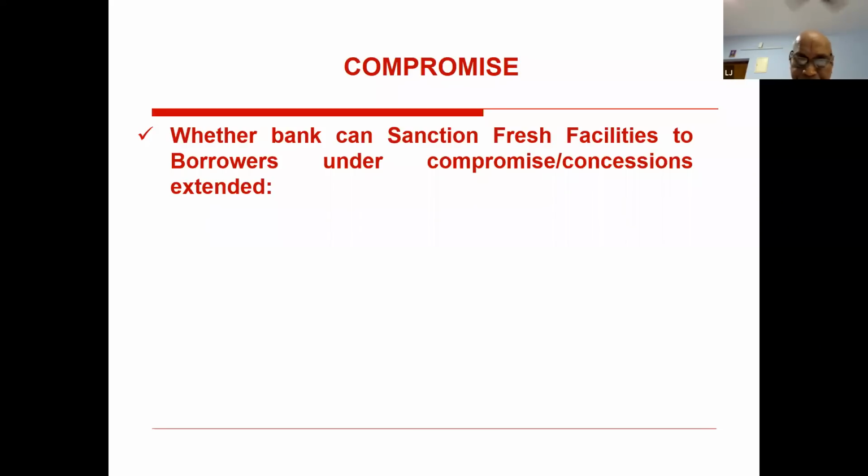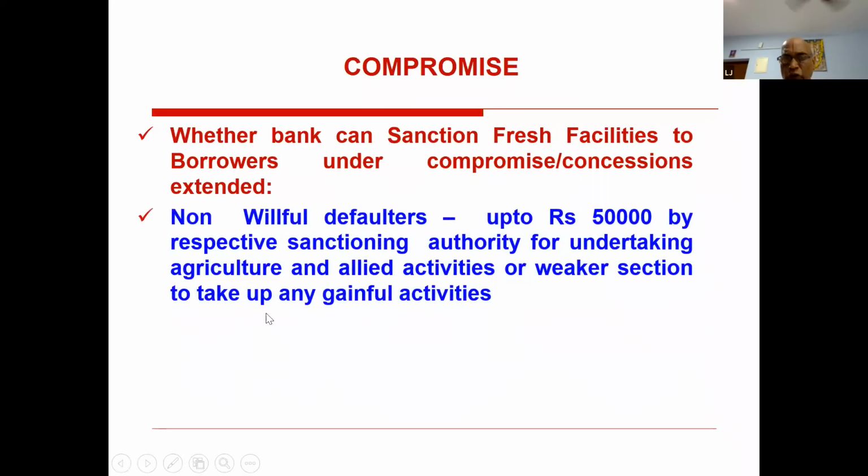We are going to see it. If he is a non-willful defaulter, a loan can be sanctioned up to 50,000 rupees by the respective sanctioning authority for undertaking agriculture and allied activities, or for the weaker section to take up any gainful activities.